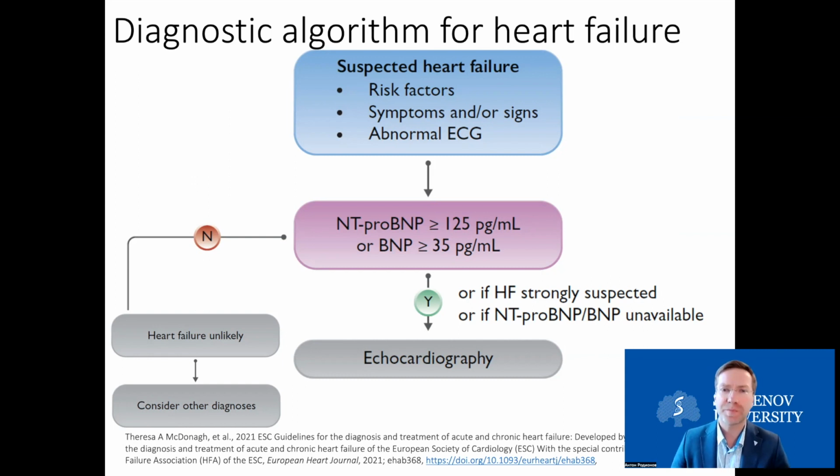That's what one European algorithm of diagnostics of heart failure says. So if you think about heart failure, first of all check the BNP level. If BNP level is normal, heart failure is unlikely, and consider other diagnoses. But if BNP or NT-proBNP is elevated, heart failure is strongly suspected, and do the echocardiography.